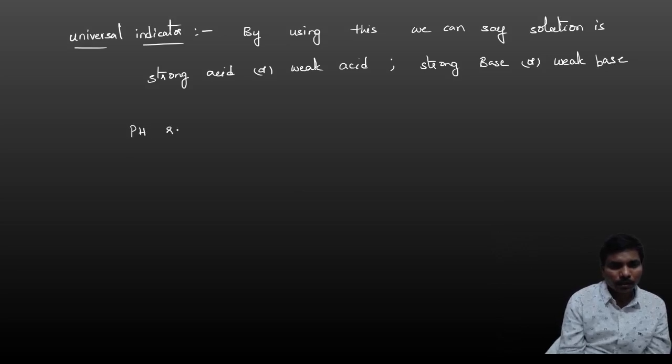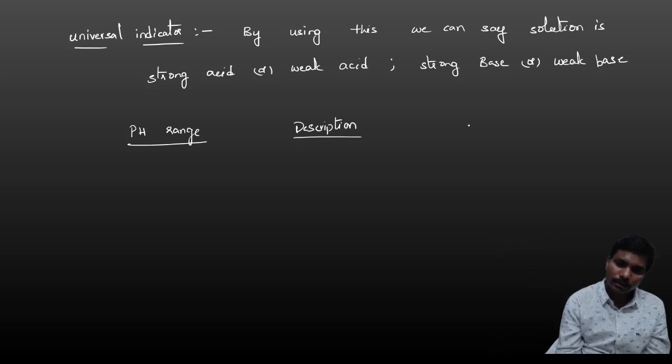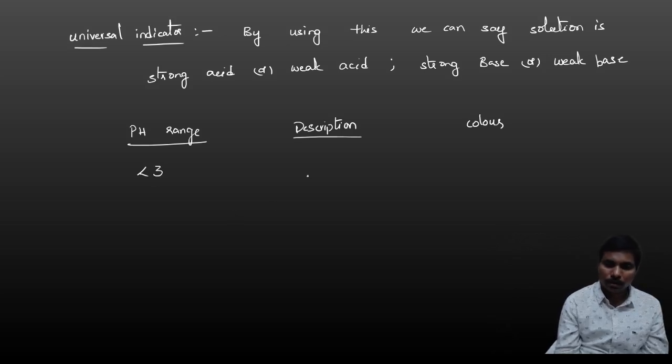How can we get the idea? By using the table, we can get the idea with the pH range, description and color. If you are given any solution having pH less than 3, you can say that is a strong acid.